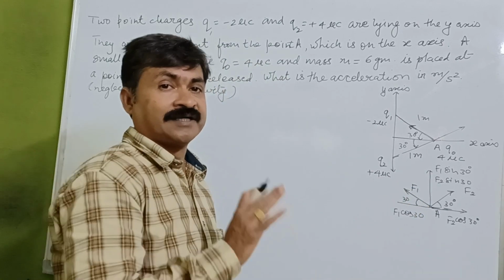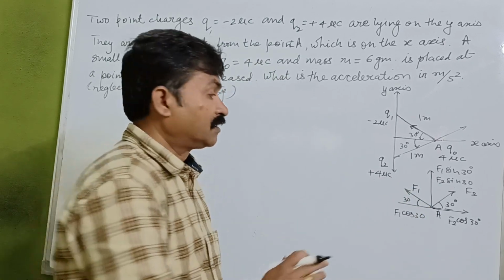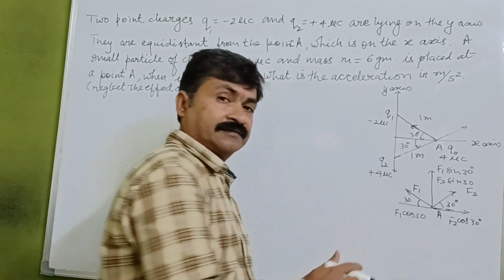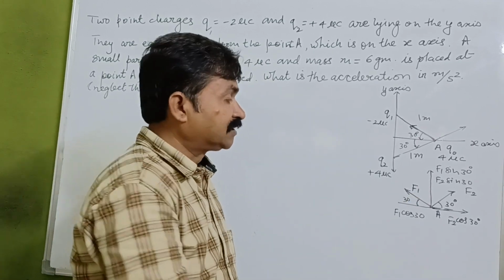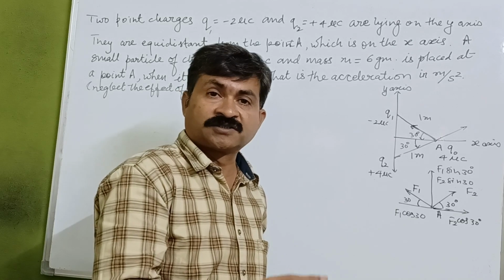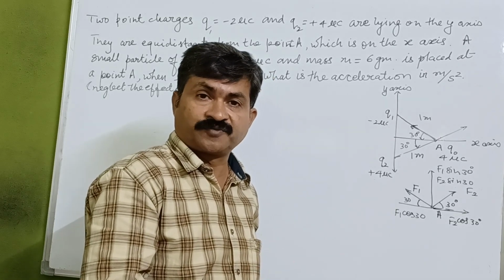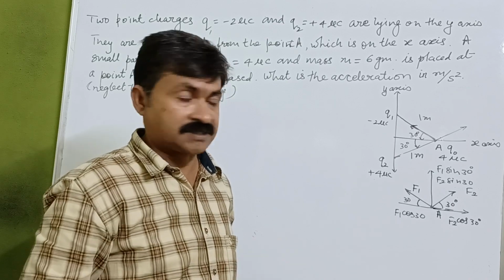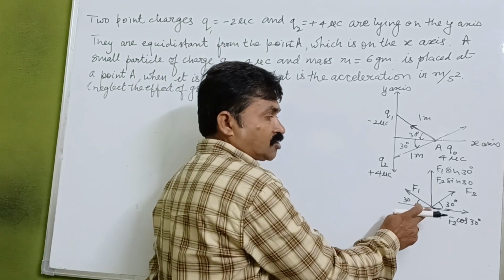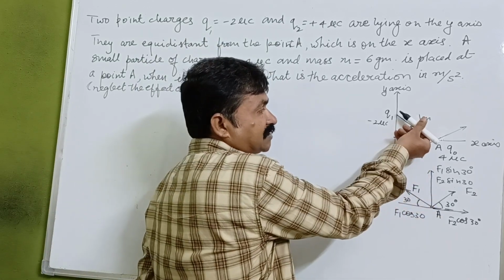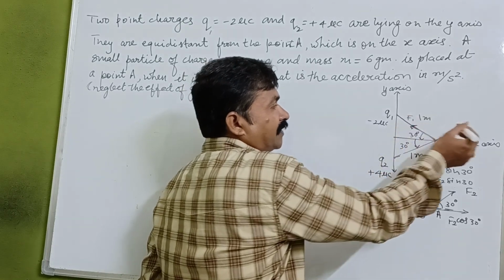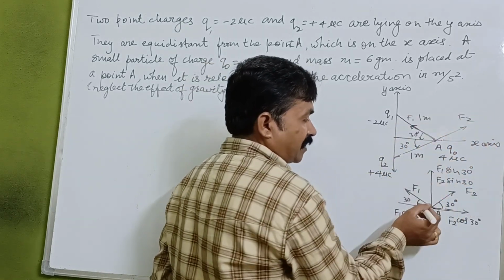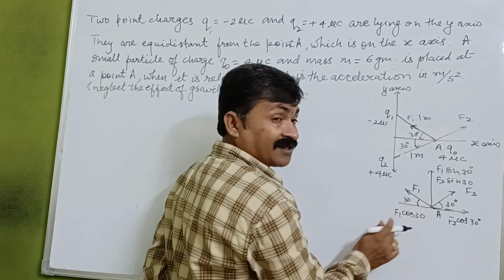First of all, we will determine the forces, and then we will go with force equal to mass into acceleration. So first of all, we need to know about the forces by using Coulomb's law. Now here we can resolve these two forces. One force acting in this direction is F1, making an angle of 30 degree.